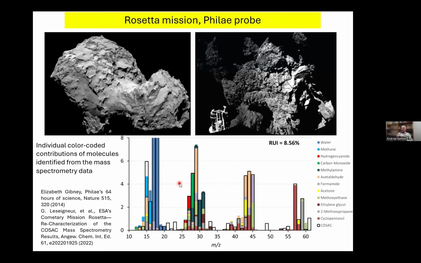There are also comets, cometary material, especially cometary atmospheres. And there was a mission, Rosetta, with the lander, where a probe was landed on the comet, and not everything worked properly, but a large amount of organic molecules were detected.